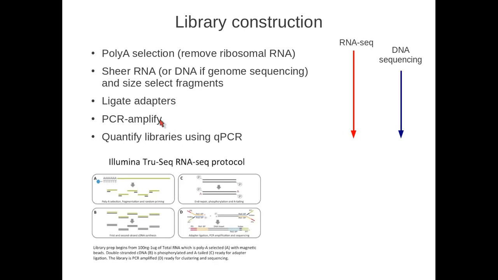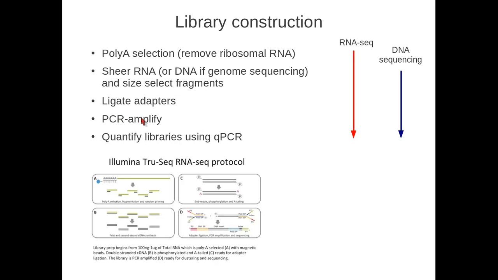We PCR amplify to get more of it, which is an issue in RNA-seq analysis, because really what we want is to sequence one molecule on our flow cell, which represents one molecule of RNA. When we PCR amplify, now we're creating many molecules from one original RNA molecule, which can then be sequenced many times.